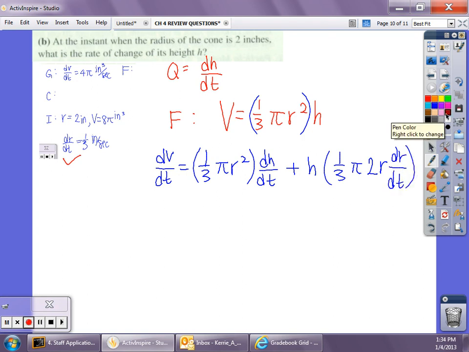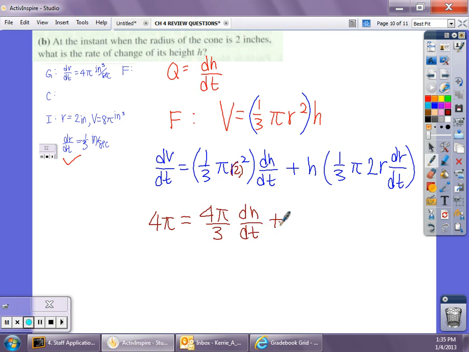All right, so let's see if we have everything we need. dV/dt is 4 pi. I'm going to simplify as I go. The radius is 2. 2 squared is 4, so I get 4 right here would be where the 2 goes. I get 4 pi over 3. dH/dt is my question, so I want to leave that alone.